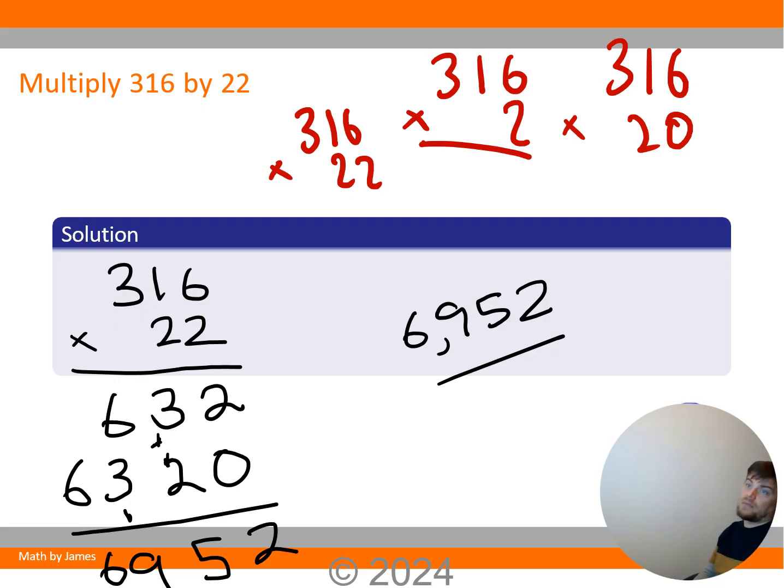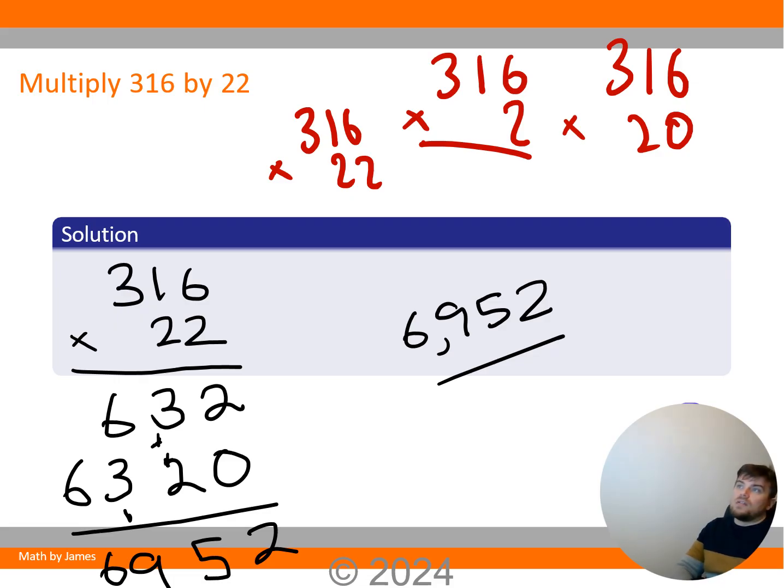We get 6 times 2, which is 12. So we put a 2, we carry a 1 under here into the tens. Then we do 2 times 1, which is 2, and that gives us 20. So we make that 30. 2 times 3 is 6, giving us 632.